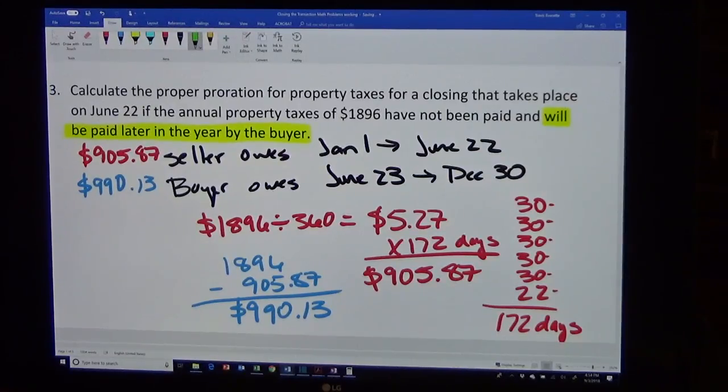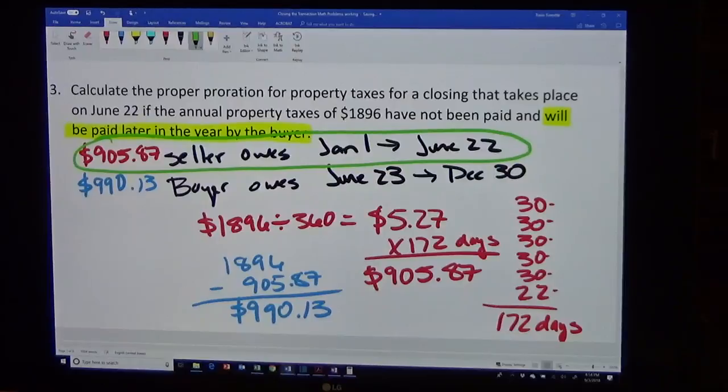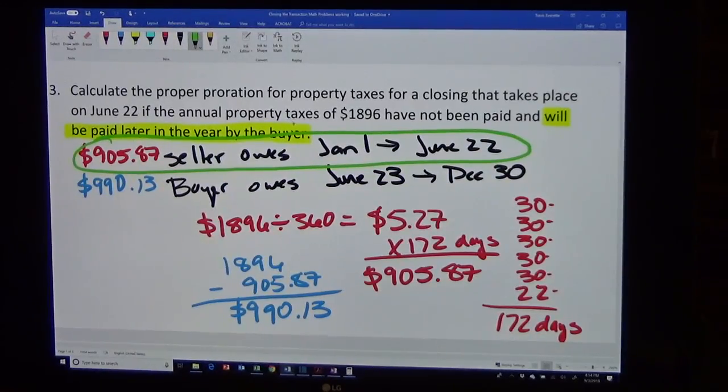So what that means is we're going to circle the seller's piece. Since they said the buyer pays later in the year, we want to charge the seller now. We want to do the seller side. You just do the opposite. Focus on that word buyer and do the opposite. Okay?